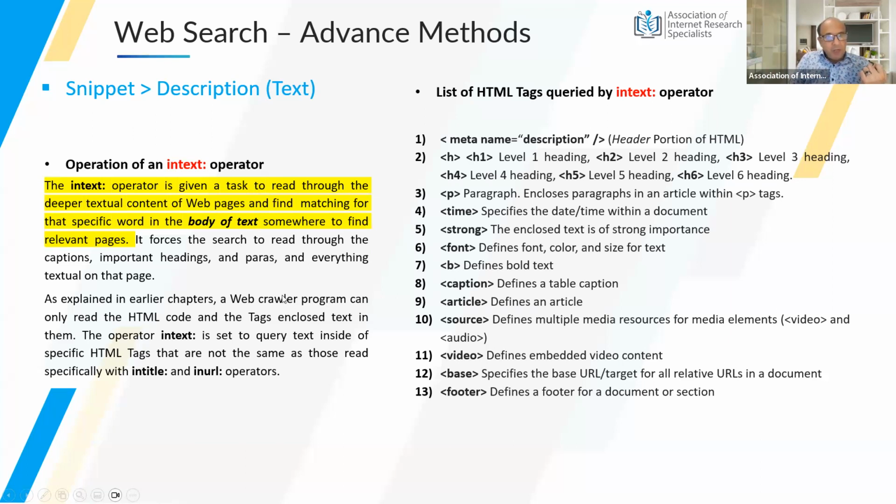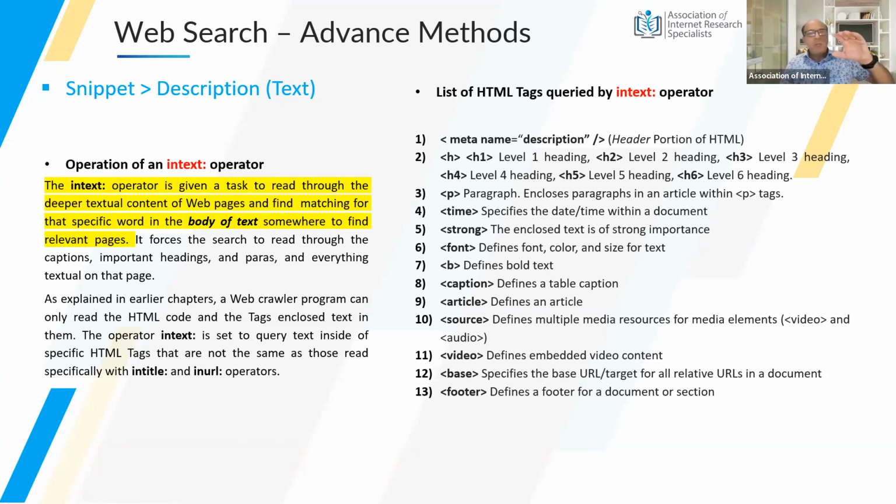Okay, so the in-text operation is given the task to read through the deeper textual content of web pages and find matches for a specific word. Now, body of text, you understand what it means, right? Body of text, for the search engine, is anything that is non-meta in nature.